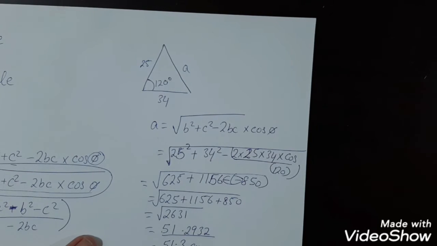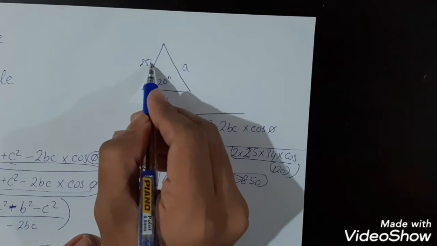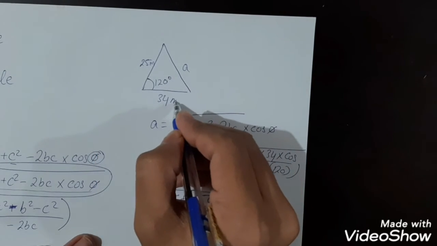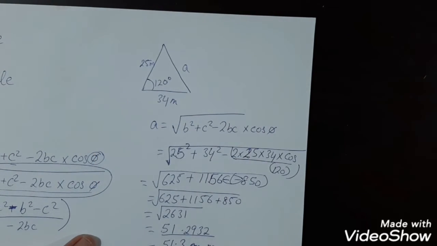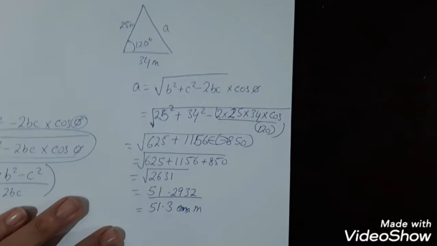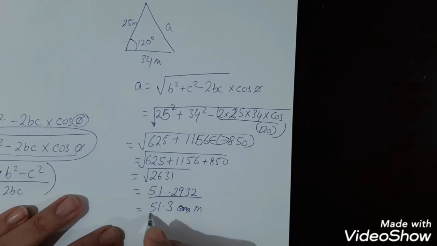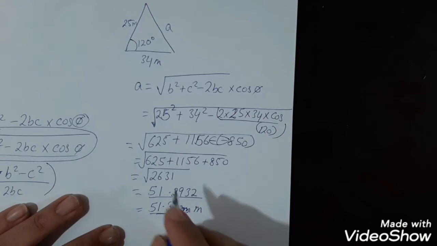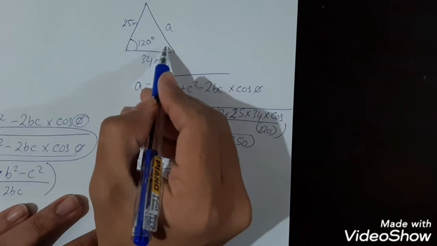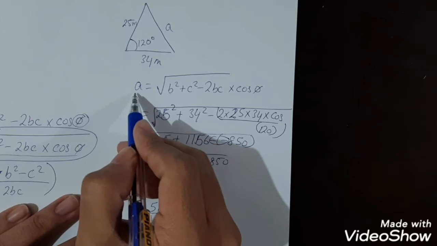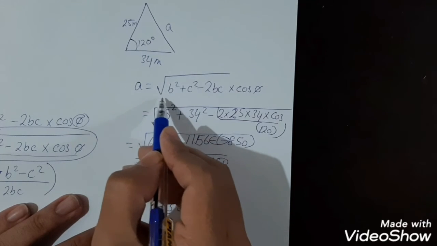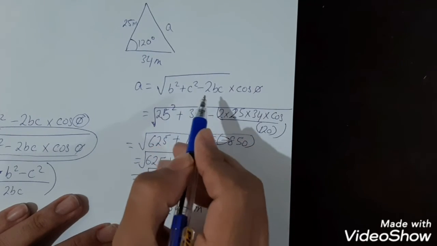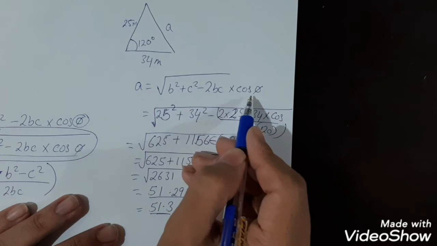Over here I have written meter, so I will write meter here. So 51.3 meter is the length of a by using the cosine rule, a is equal to the square root of b square plus c square minus 2bc multiplied by cos of the angle.